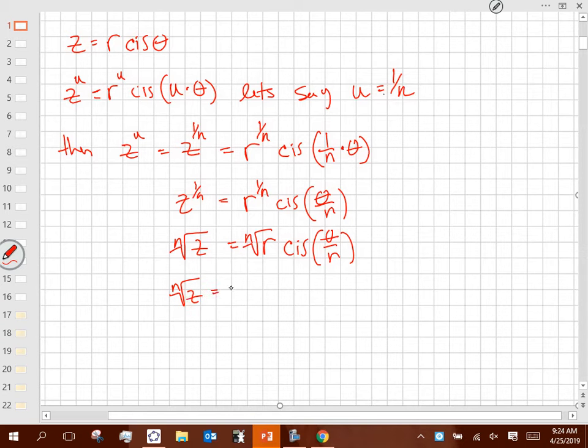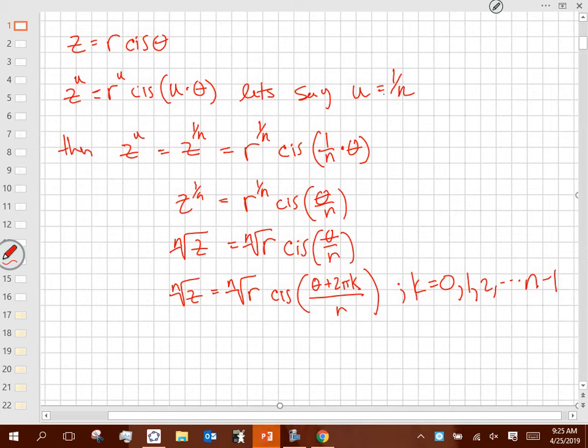The nth root of z is actually equal to the nth root of r times cis of theta plus 2 pi k over n. And that 2 pi k is when k is equal to 0, 1, 2, all the way up to n minus 1.